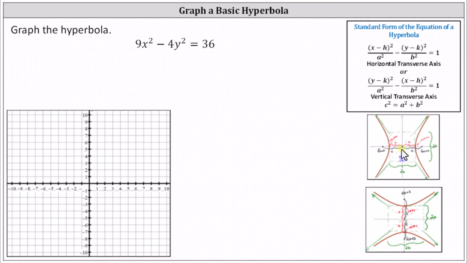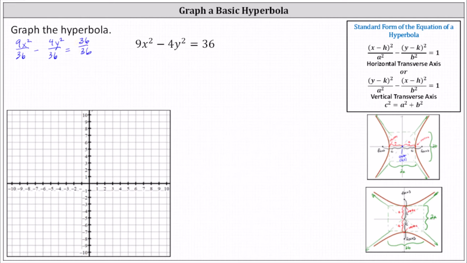as pictured below. But again, we first need to have the right side equal to 1, so we'll divide both sides of the equation by 36. More specifically on the left, we'll divide each term by 36, which gives us 9x squared divided by 36 minus 4y squared divided by 36 equals 36 divided by 36.